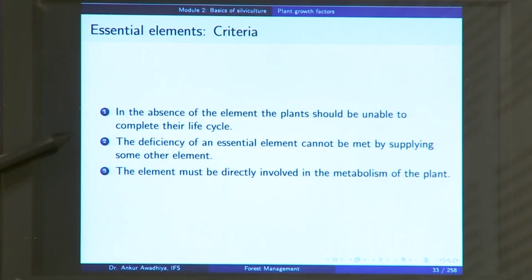The deficiency of an essential element cannot be met by supplying some other element. So, you cannot replace an essential element with any other element, it has to be given to the plants. And the element must directly be involved in the metabolism of the plant. So, these are the three criteria to define an essential element.